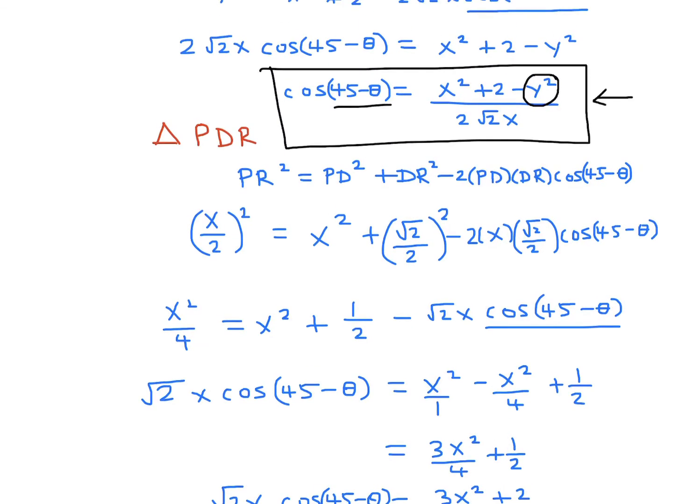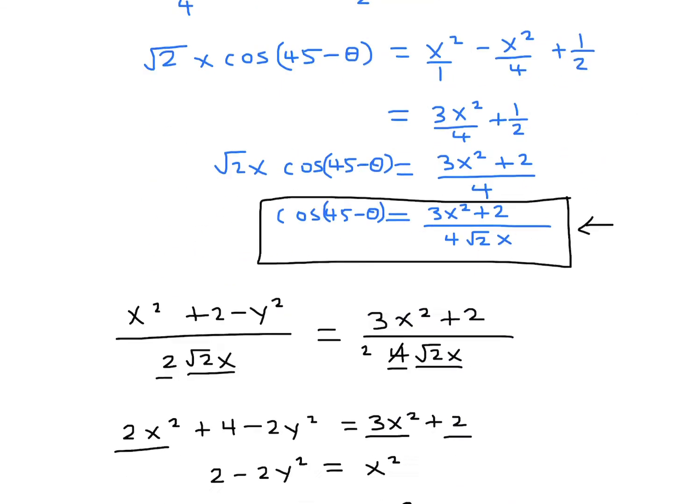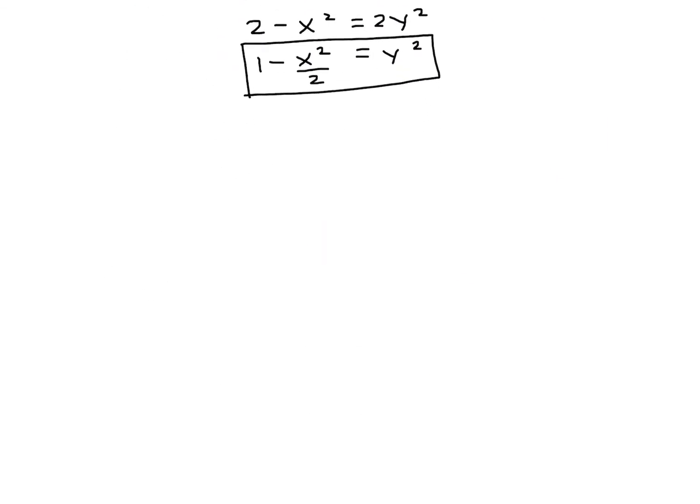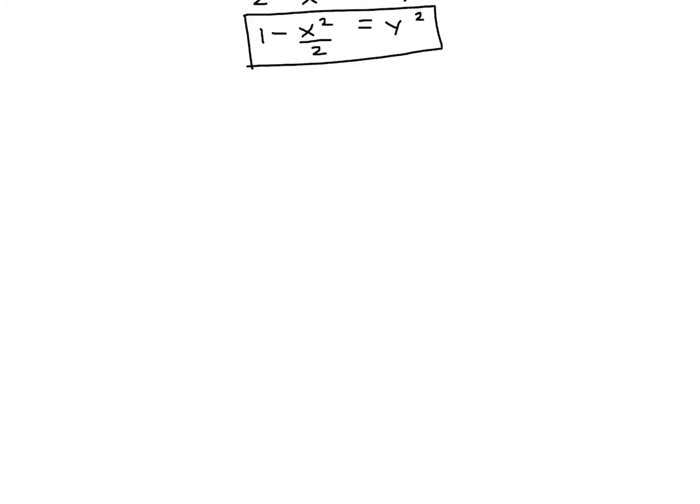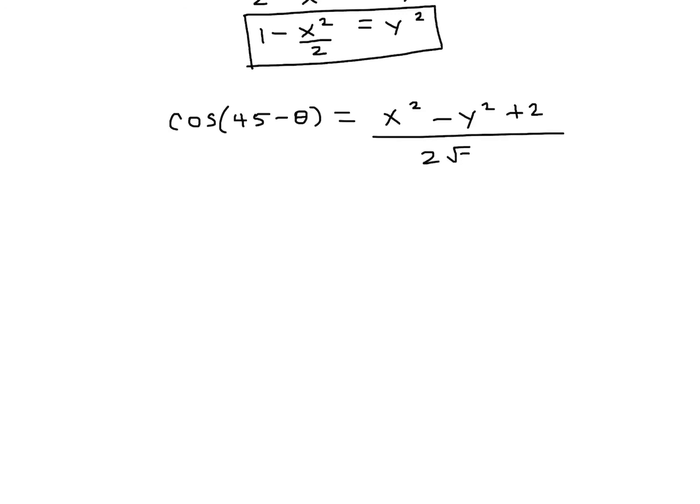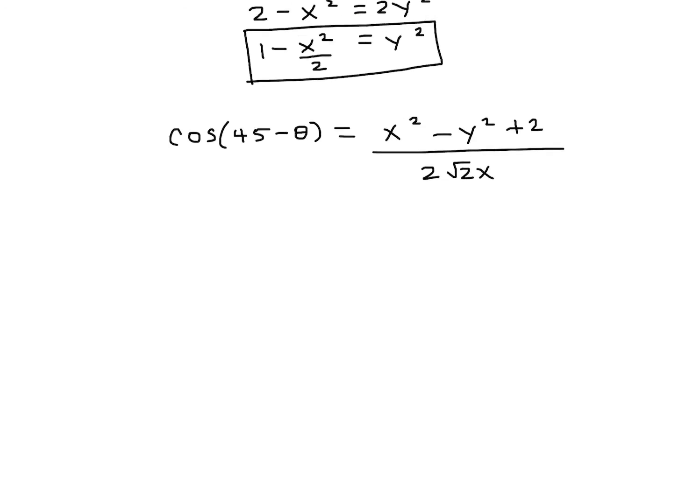So I'm going to take this equation, and I'm going to substitute into it what we just found for y. So that equation was cos 45 minus theta is equal to x squared minus y squared plus 2 all over 2 root 2x, right?